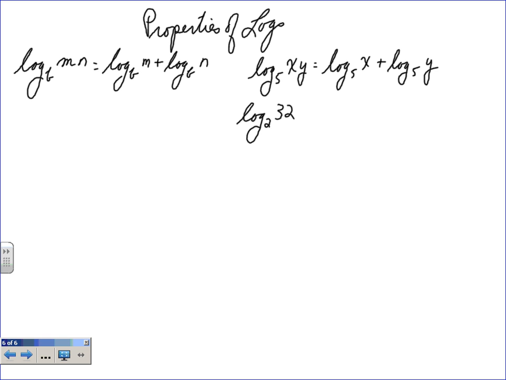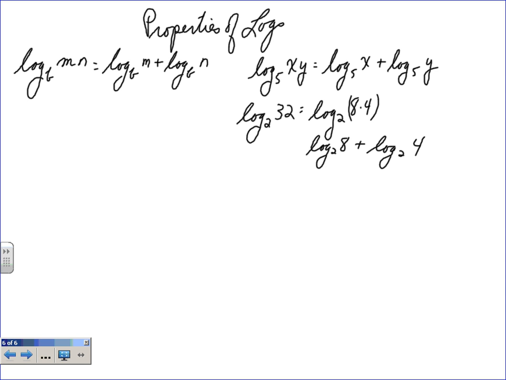However, I can write it this way, just to show you how the property works. I could write it as log base 2 of 8 times 4. That's 32. Using the property, I could write this as log base 2 of 8 plus log base 2 of 4.